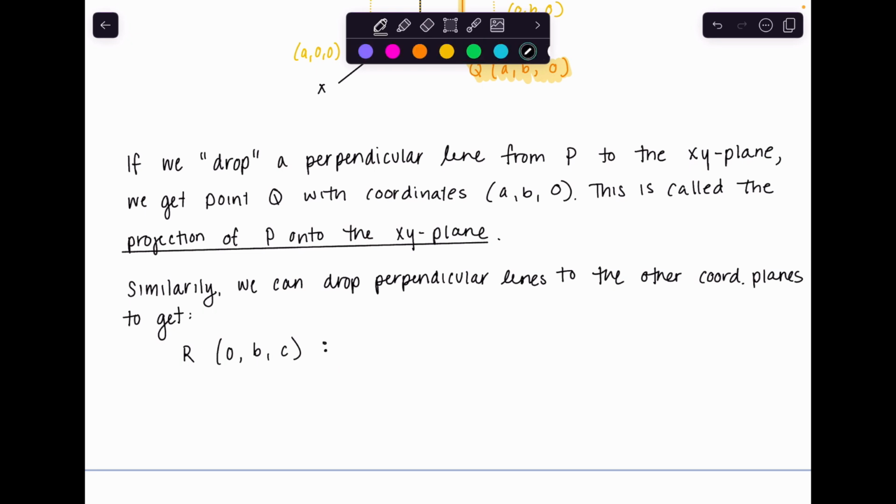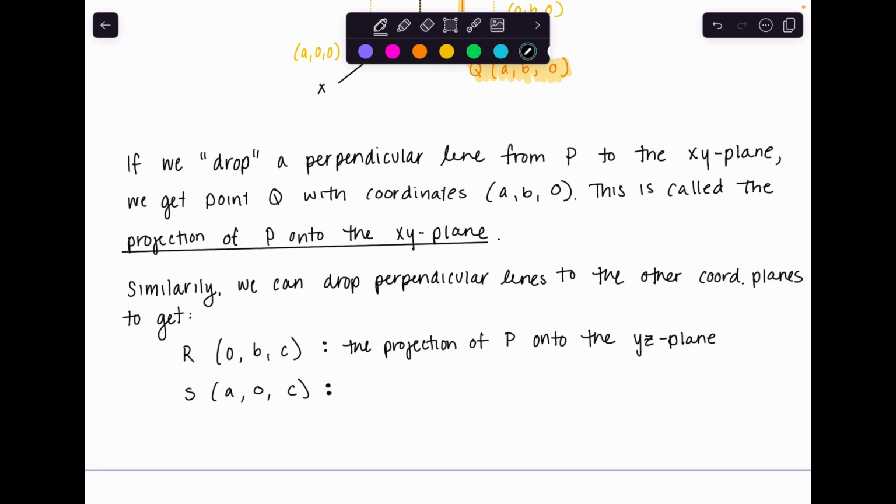This is the projection of P onto the YZ plane. And then S has the coordinates A, 0, C. So in this case, you're removing that Y component.